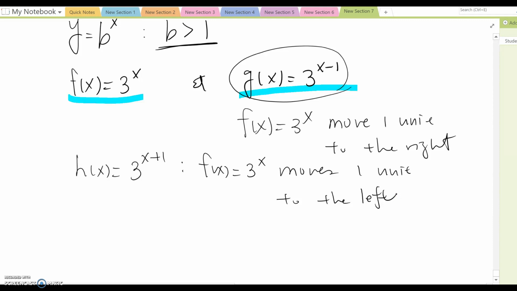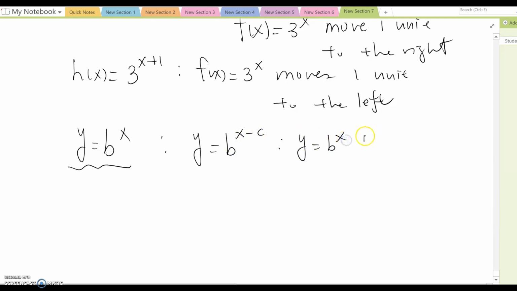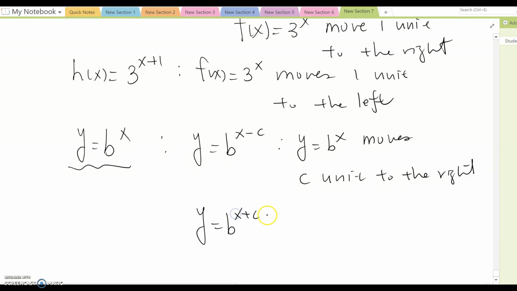Therefore, because the base can be any value, if we generate y equals b to the x minus c, then y equals b to the x moves c units to the right, and y equals b to the x plus c, then y equals b to the x moves c units to the left.